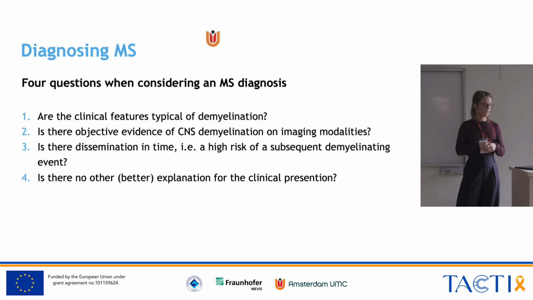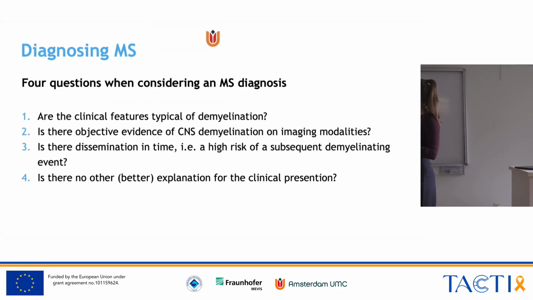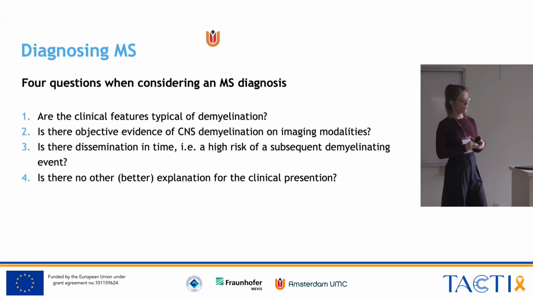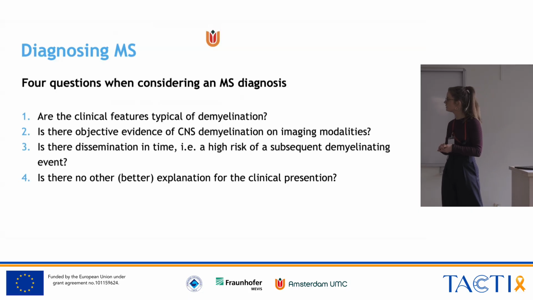Then in MS, as I said already, the hallmark of MS is that there is dissemination in time. So you would want to find dissemination in time, and that can either be done clinically, so multiple symptoms over time, but also radiologically or in biomarkers indicating that there is a high risk of a next event.